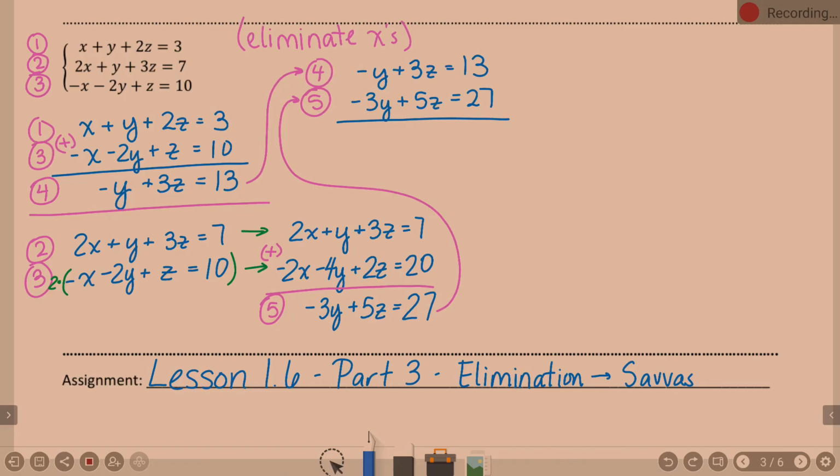Let's eliminate another variable. Would you like to eliminate y's or z's, and how would you like to do that? Multiply the top by negative 3. Okay. Eliminate the y's. Multiplying the top by a negative 3 will make it a 3y and change the sign.